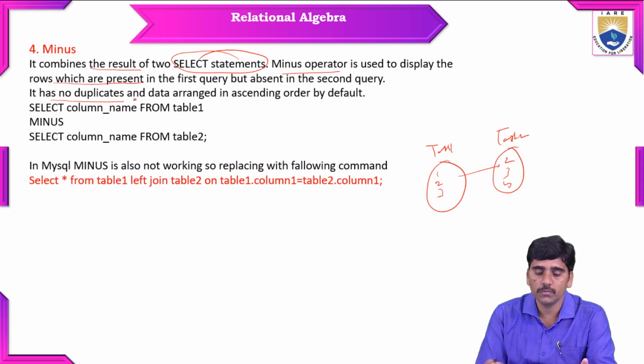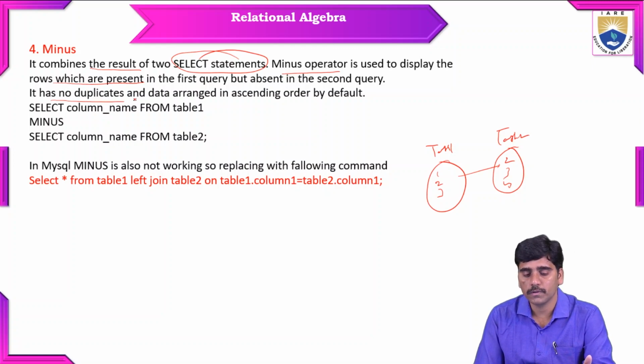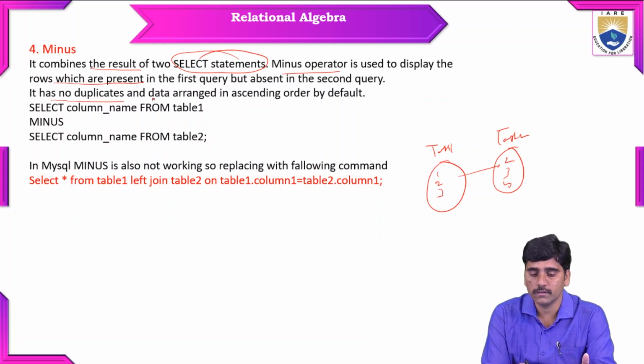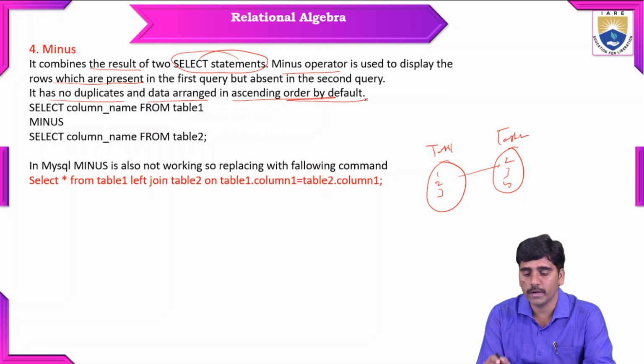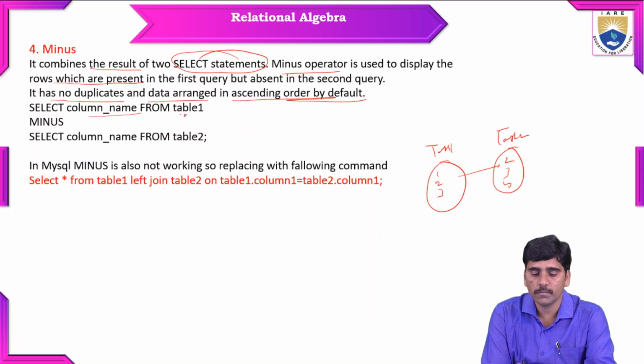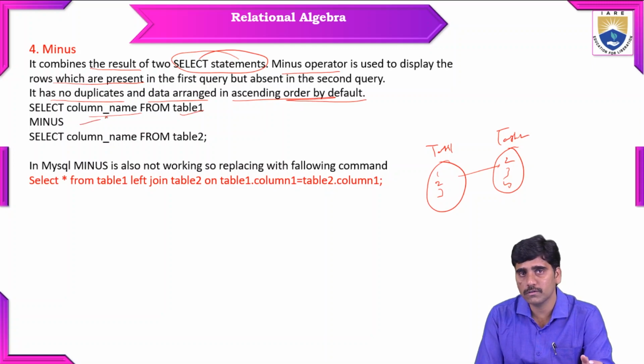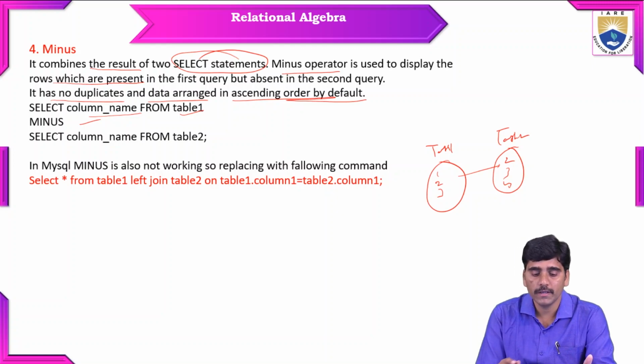It has no duplicates, and the data is arranged in ascending order by default. So select column name from table 1 minus select column name from table 2.